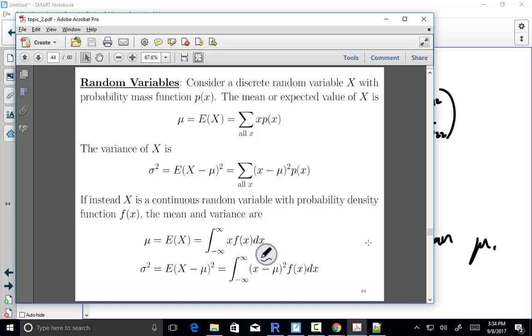Instead of averages, like add up and divide by a certain number, those are replaced with integrals. Integrals are like continuous versions of averages. But notice that it looks conceptually the same. It's like a continuous version of average of x weighted by its probability function. And the variance is like an average of the squared difference between x and mu, where the weighting is done by the probability function again.